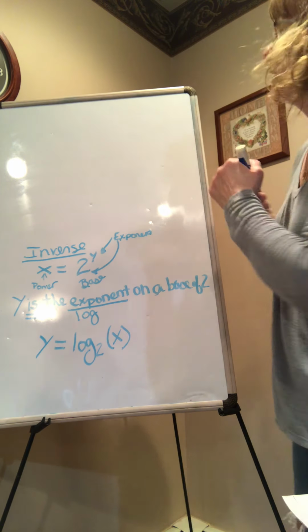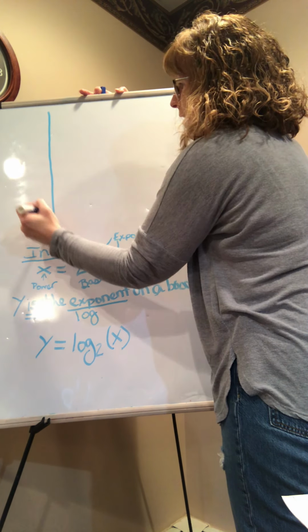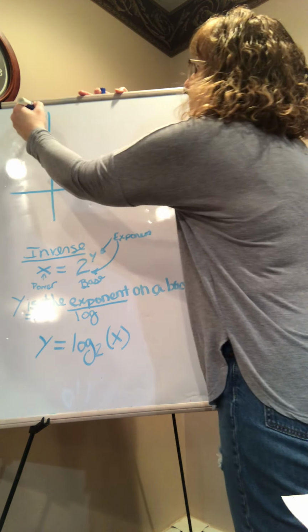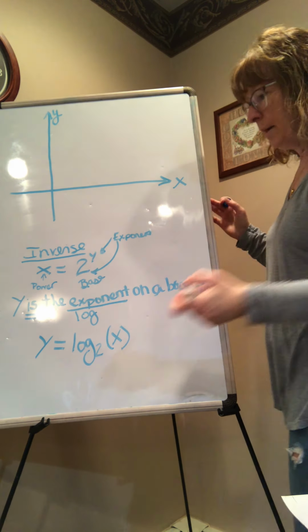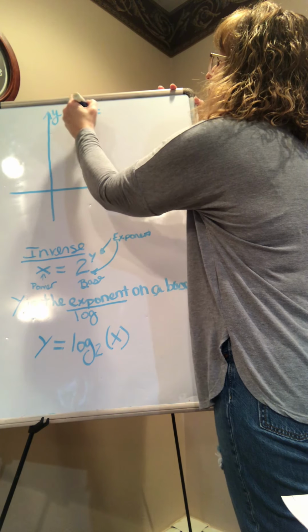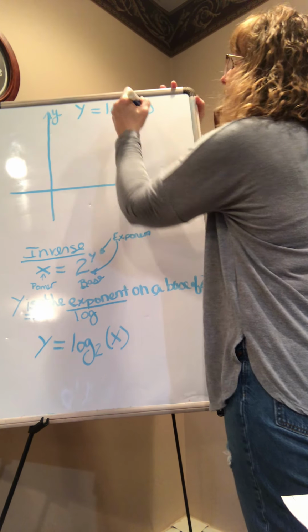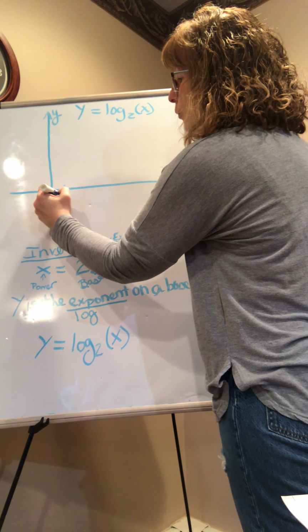All right, so here's my graph now. So here's x and here's y. Now, when I'm graphing a log, which I'm going to write up here again, y equals log base 2 of x. Well, I know I'm going to go through the point 1, 0.